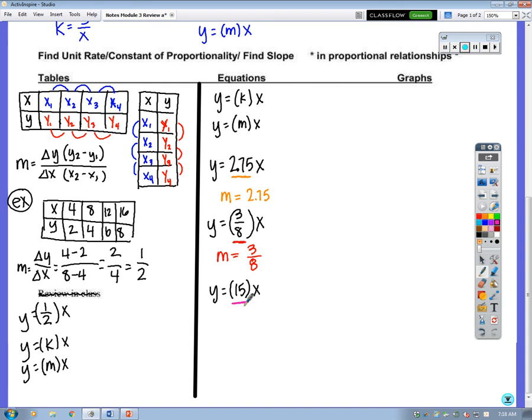And so 15 right here is my constant of proportionality, or my slope. Here I'm using the m, but I could have written k equals 15. I could have written unit rate equals 15. Unit rate I would have probably written 15/1. Right? And even for slope too, because this means I'm going up 15 and over 1. Up 3 and over 8.